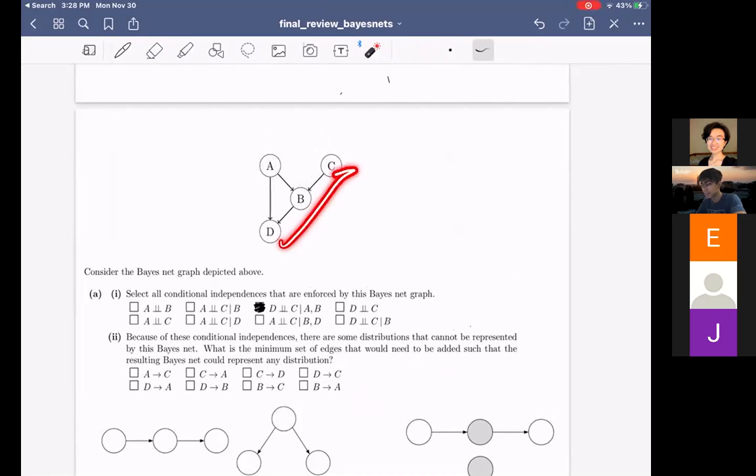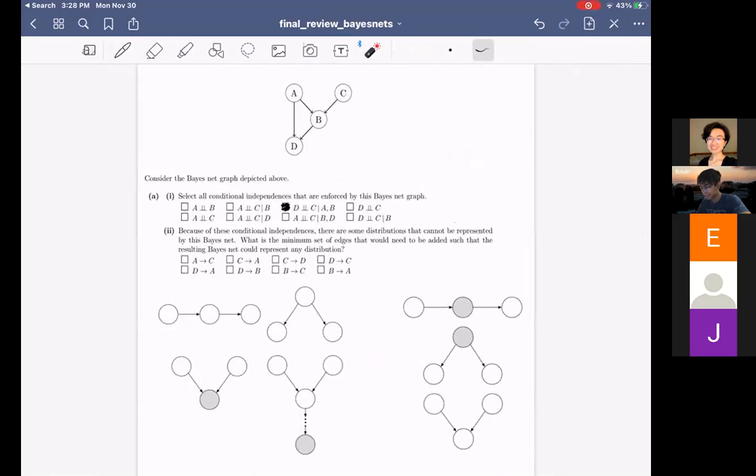Well, no, there's this causal chain. So D is not independent of C. Is A independent of C? Well, there's this path, which is blocked because it's a common effect. And there's this other path, which is also blocked because there's another common effect, ADB. So this independence relation holds true.